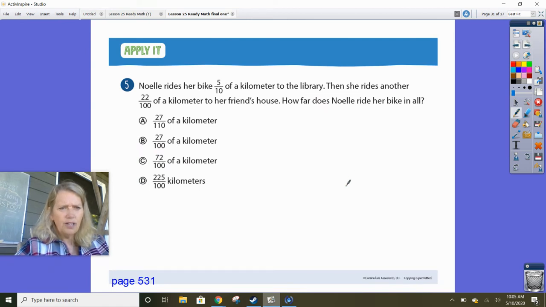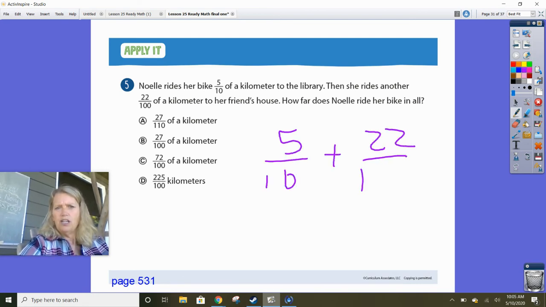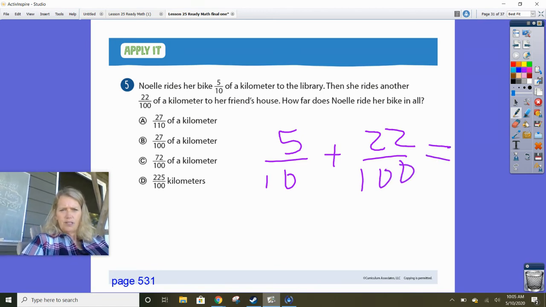Page 531, number 5. Noelle rides her bike 5/10 of a kilometer to the library. Then she rides another 22/100ths of a kilometer to her friend's house. How far does Noelle ride her bike in all? Adding again. So 5/10 to the library plus 22/100ths to the friend's house. Okay.